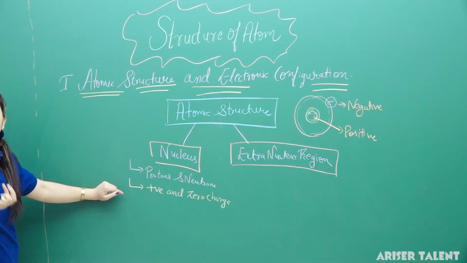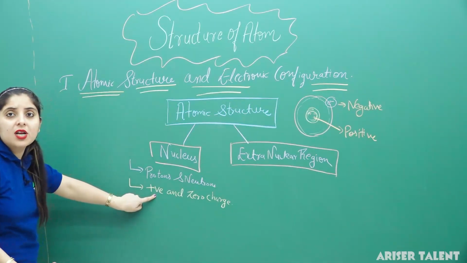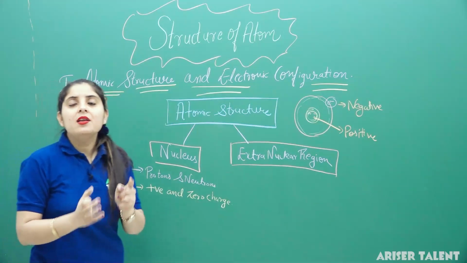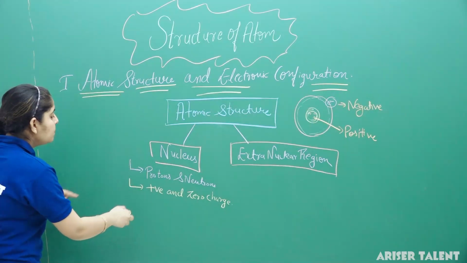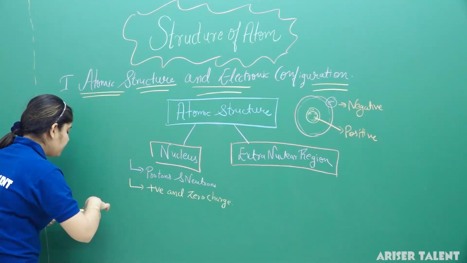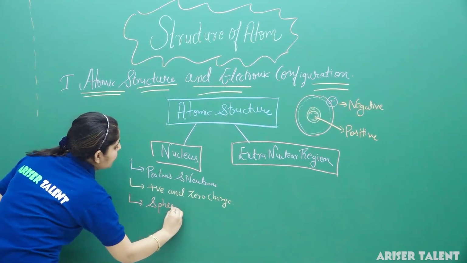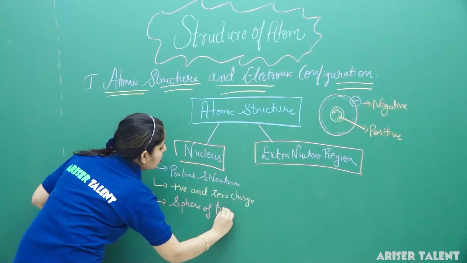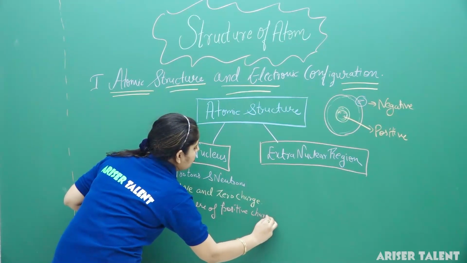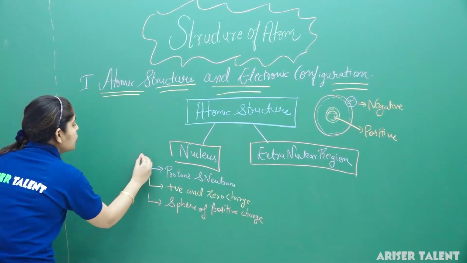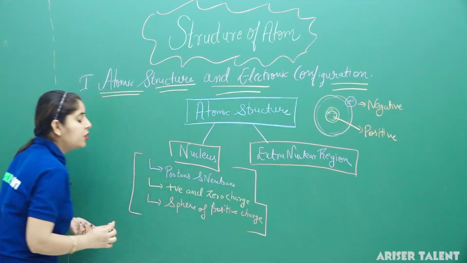It means the entire mass of the nucleus is judged on the basis of only positive charge, or we may say that the nucleus is a ball or a mass of only positive charge. So, the nucleus is a sphere of positive charge.